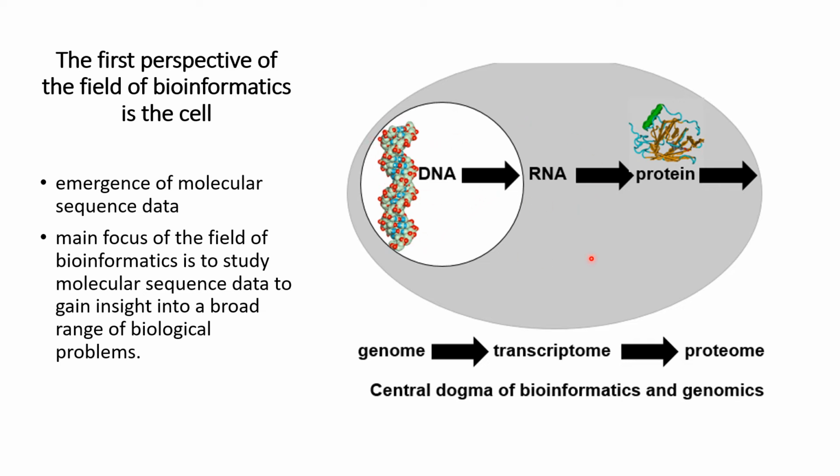And this information is being encoded in the RNA. Not all genes are being encoded at the same time. There are some genes that are silent, and some genes that are active, and the active genes are being encoded by the RNA, and this RNA is then translated into proteins. So we have here levels of information at the cellular level.